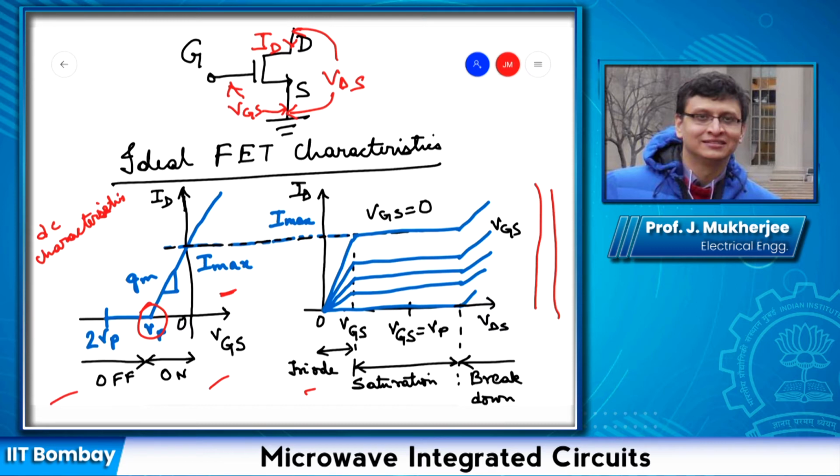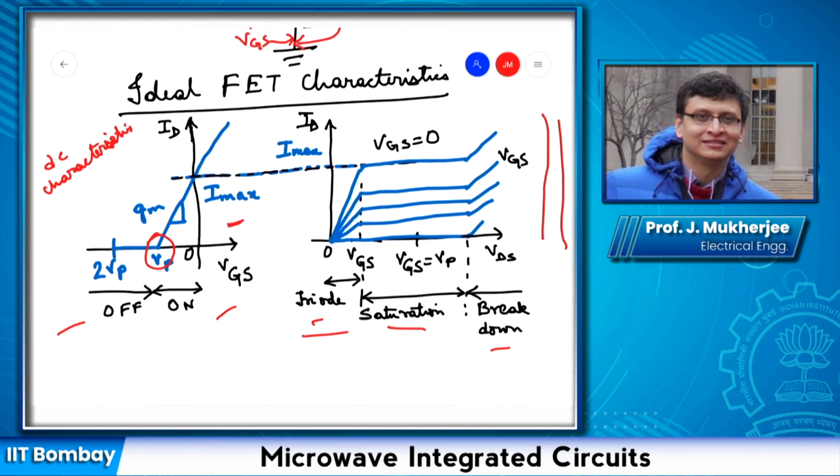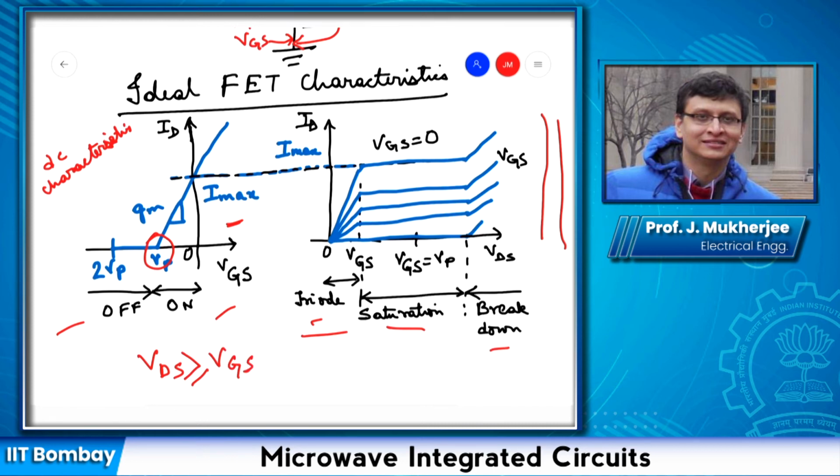Now with this in mind, I must also mention the various regions. So this is the triode, this is the saturation, and this is the breakdown region. In the triode region, the condition is VDS is less than or equal to VGS minus VT. For a MOSFET, these are the characteristics in the triode region.